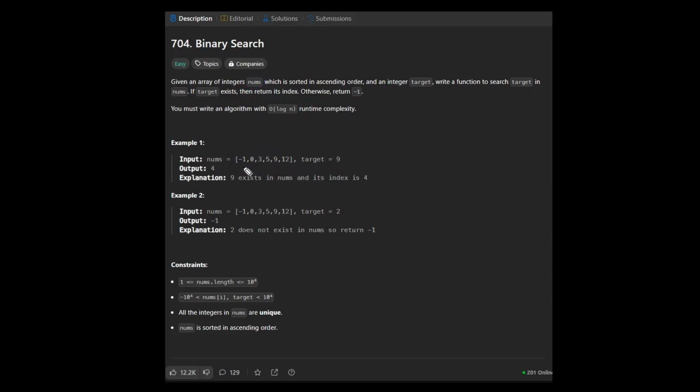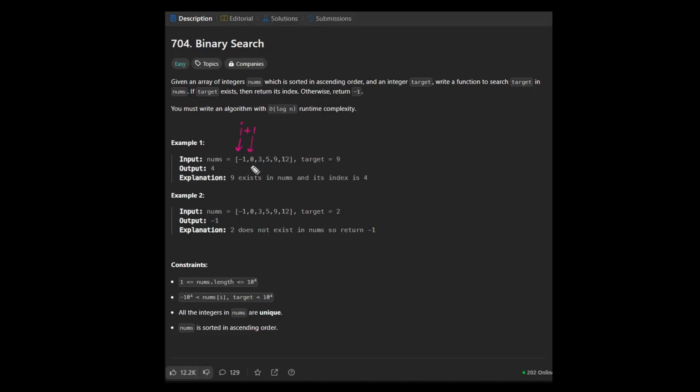Let's say we have these numbers. I want to look for 9. What would be a very simple approach? Let's go through every element. So let's keep a pointer over here. Let's look at -1. Is it 9? No. Let's go i plus 1, which is here. 0.